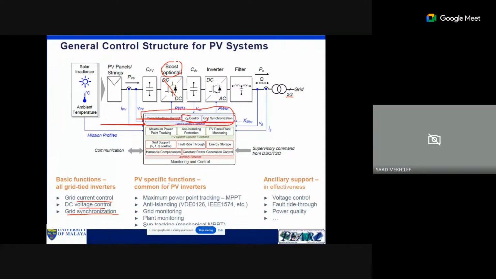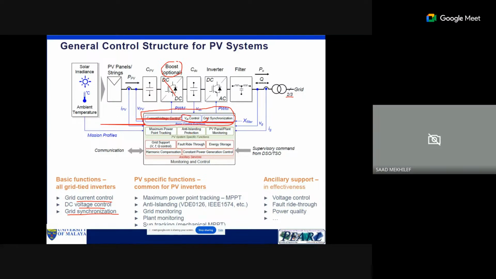Then we have PV specific functions. Because we are using PV, we need MPPT control. We need anti-islanding protection.